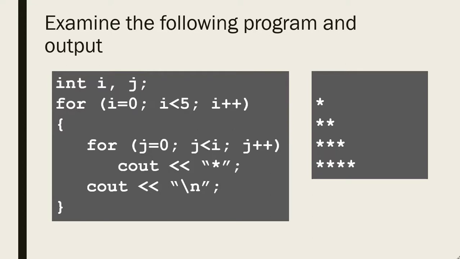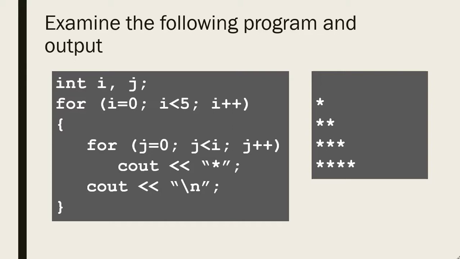And the problem involves knowing how to use nesting of for loops. So we're going to have to use one for loop, the outer one, to determine how many lines get printed. And the inner for loop determines how many stars get printed on each line.